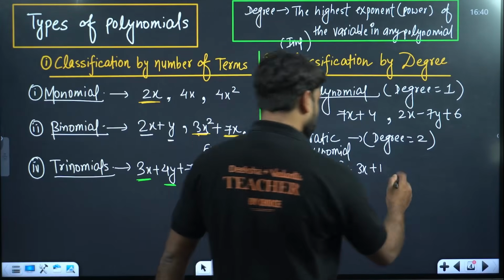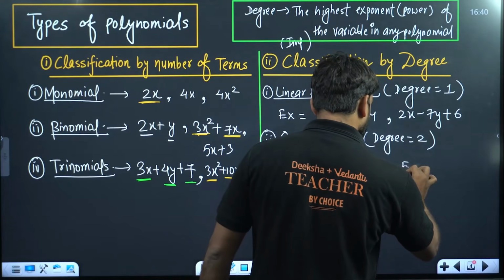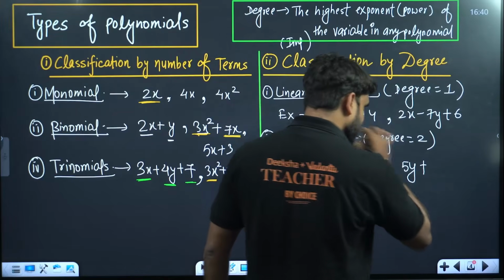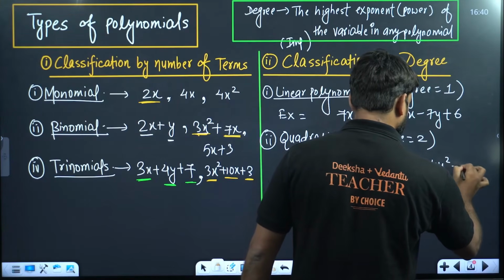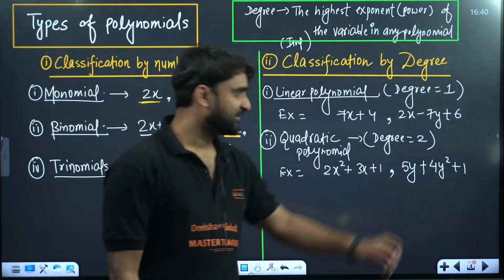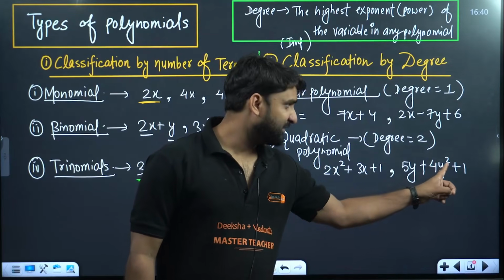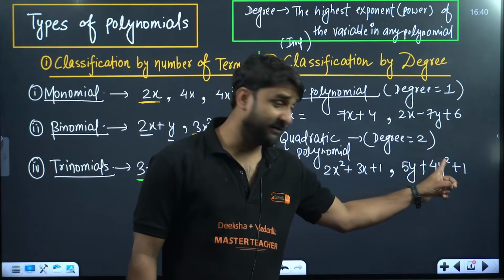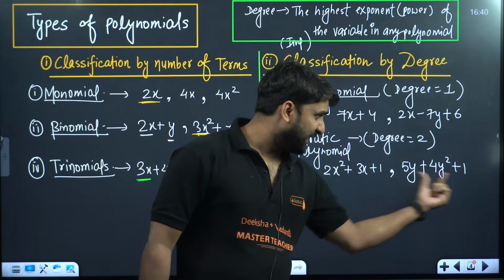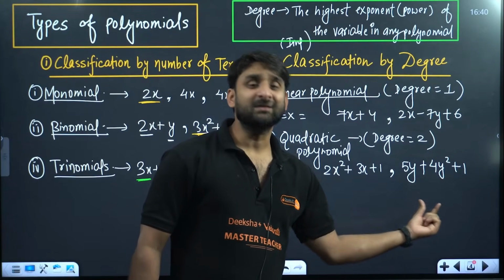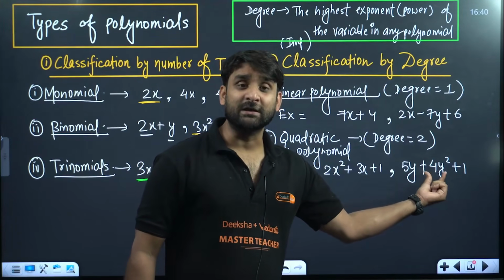Now moving to one more example. Here in this question the variable is y, and what is the highest power of the variable? Y, the highest power is 2. So it means that the polynomial which is written here is not in standard format. Standard format is the highest power term always comes first.